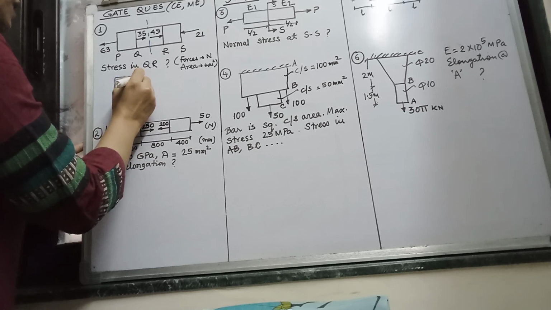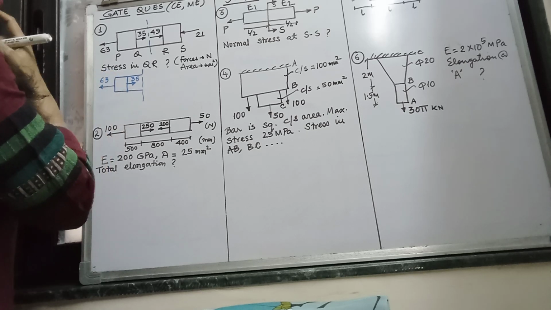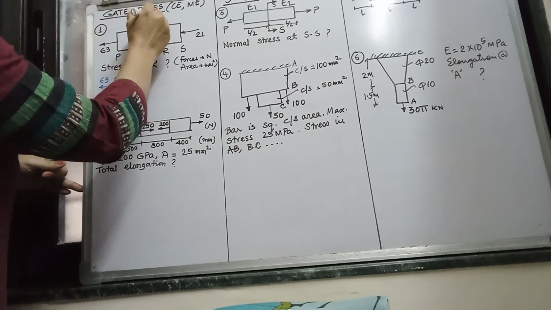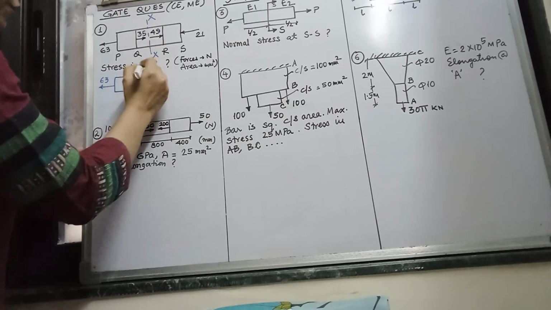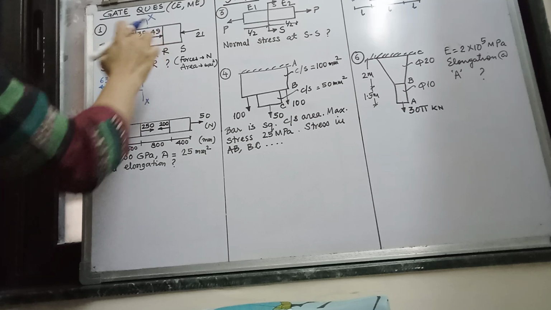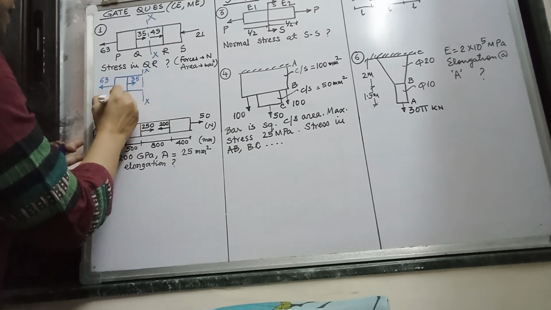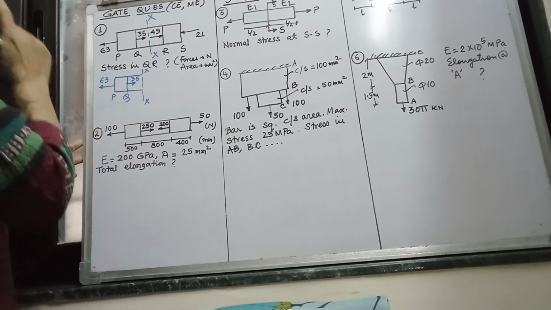This is 35. This is 63. Are you getting it? This is the cross-section I have drawn. So this is the XX part. If I am drawing the left-hand side part, then 49 will not come. Okay, this part I have drawn. This is P, this is Q.